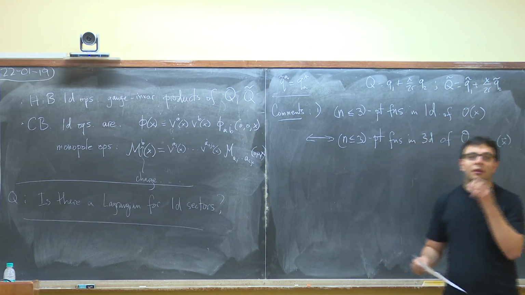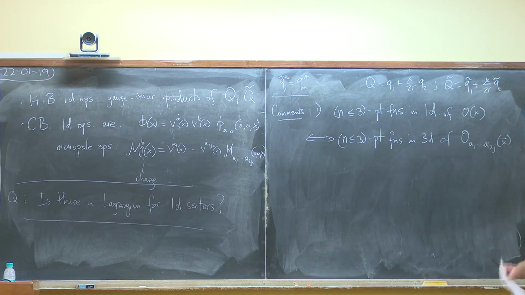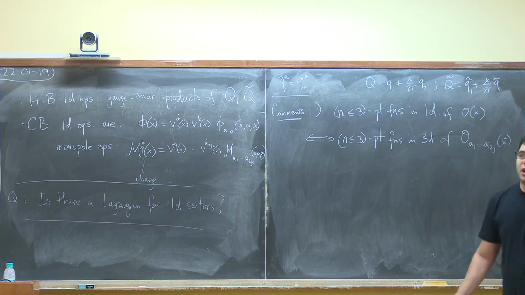Sorry, you commented on it before, but I missed it. When you compute the correlation function of these twisted operators, what is the R dependence of the overall answer? It has 1 over R to the sum of the dimensions of the 3D operators that the 1D operators came from.